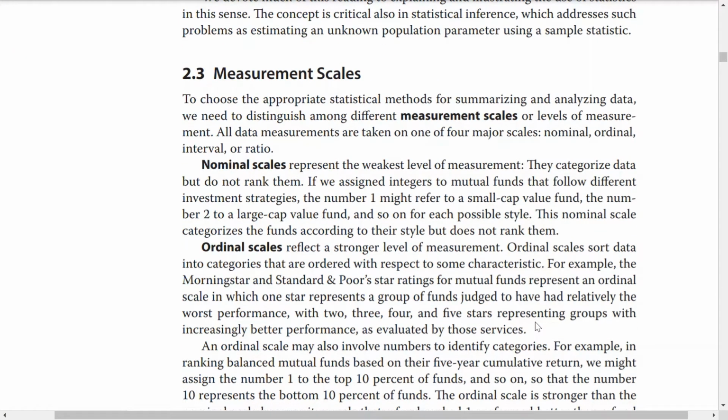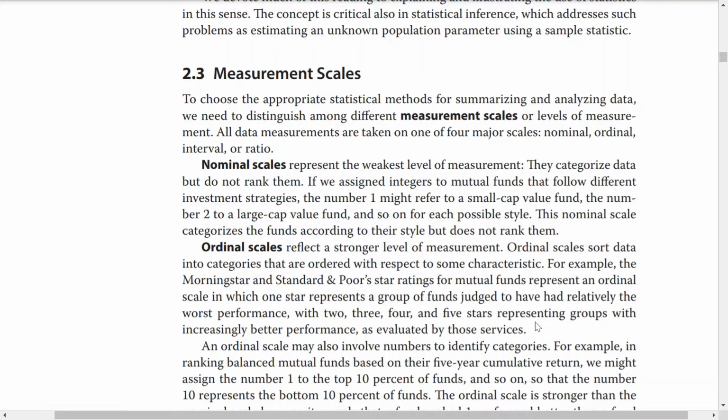2.3 Measurement scales. To choose the appropriate statistical methods for summarizing and analyzing data, we need to distinguish among different measurement scales or levels of measurement. All data measurements are taken on one of four major scales: nominal, ordinal, interval, or ratio. Nominal scales represent the weakest level of measurement. They categorize data but do not rank them.